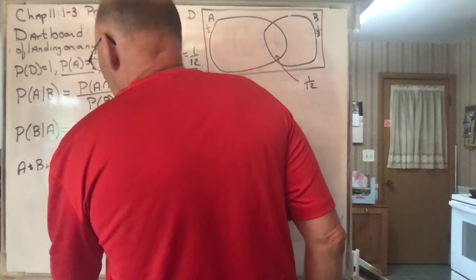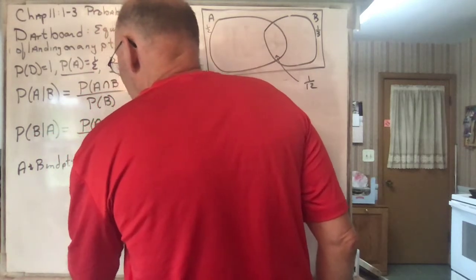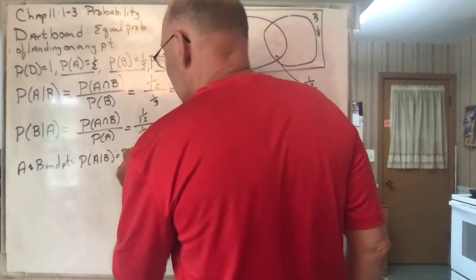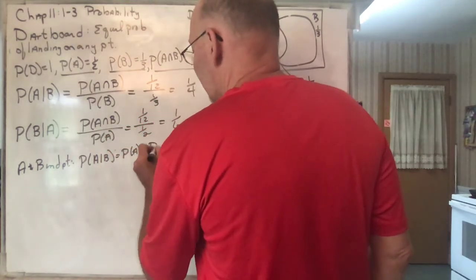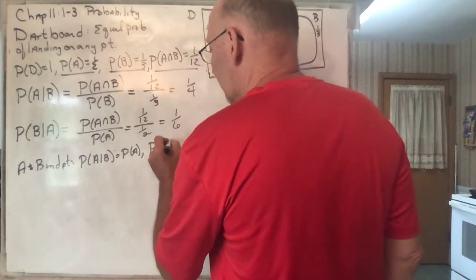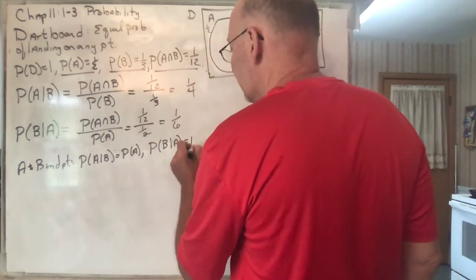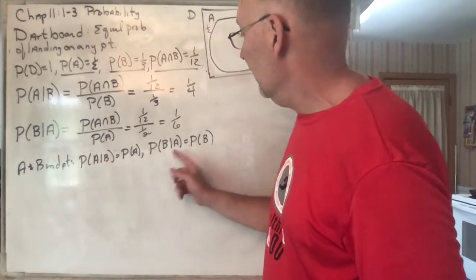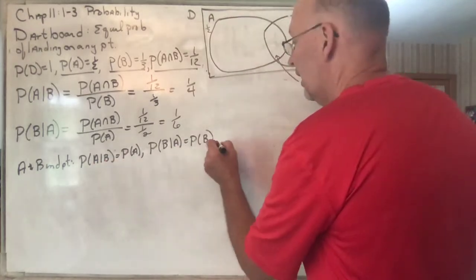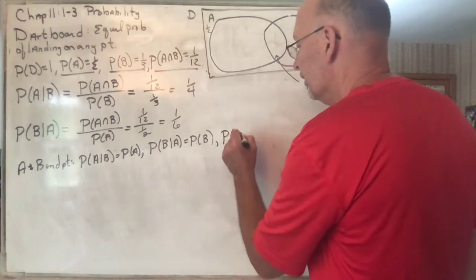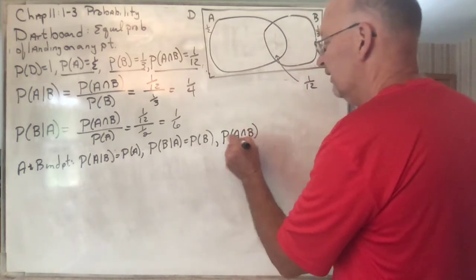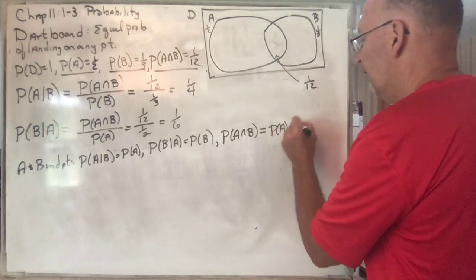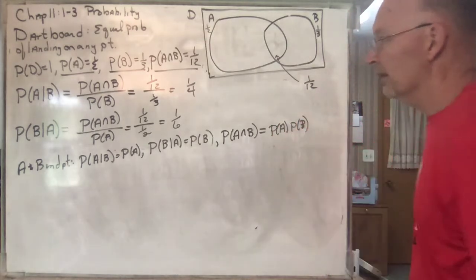It means that the probability of A given B is just the same as the probability of A. Then we also know that the other one is also true. The probability of B given A is just the probability of B. This tells you nothing about A. This tells you nothing about B. And also, this is the easiest one to apply. The probability of them both happening is just the product of the probabilities. Okay?